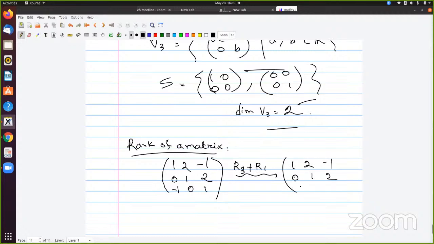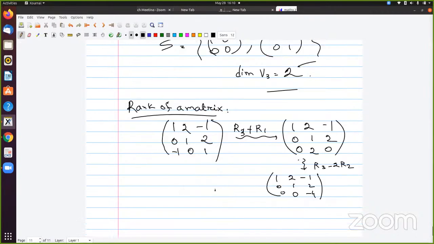Then the number of non-zero rows in the RREF is equal to the rank. So next, R3 minus 2 R2. We get 1, 2, minus 1, 0, 1, 2, 0, 0, minus 4, right? Minus 4.